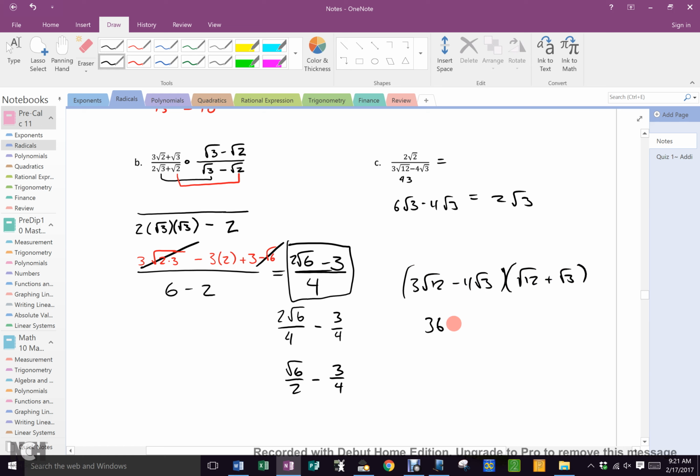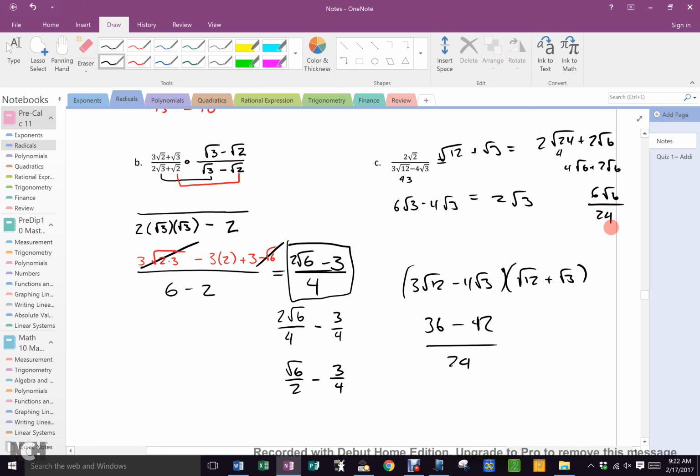Minus 4 times 3 is 12, which is 24. 24, that's cool. Then up on top, I had root 12 plus root 3 to get 2 root 24 plus 2 root 6, which is 4 root 6 plus 2 root 6, which is 6 root 6 over 24.